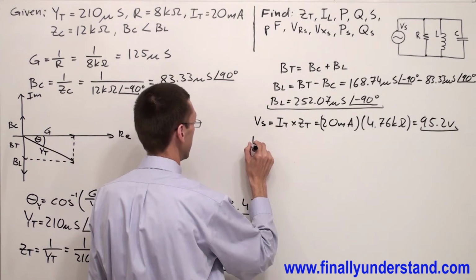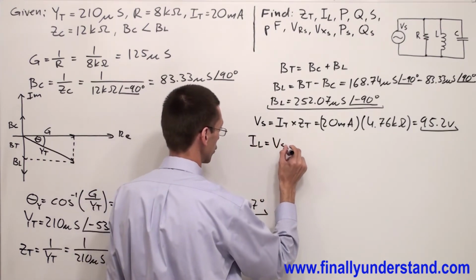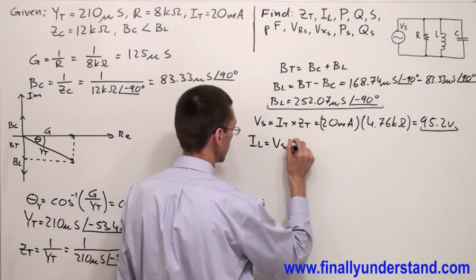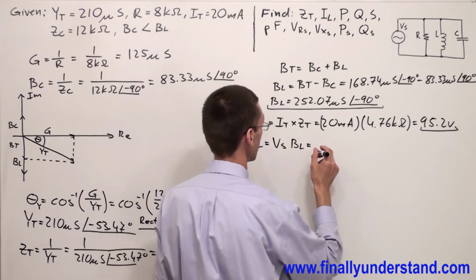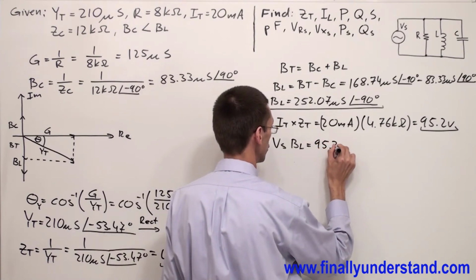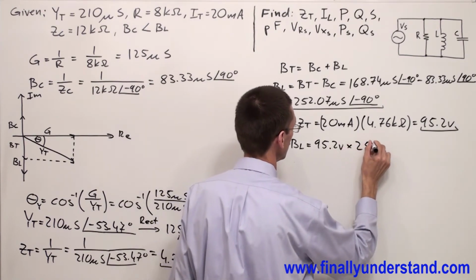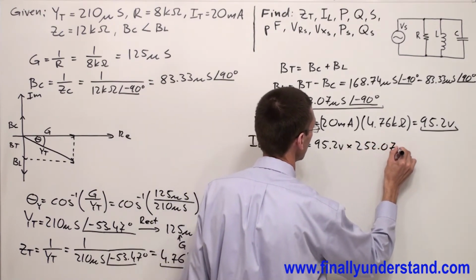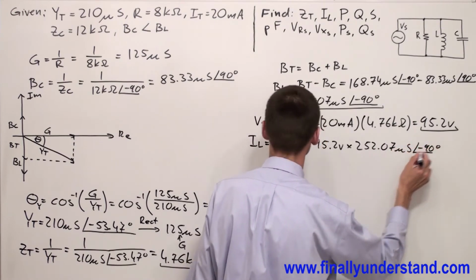So IL is equal to voltage source times BL, where voltage source is equal to 95.2 volts times BL, 252.07 microsiemens, angle negative 90 degrees.